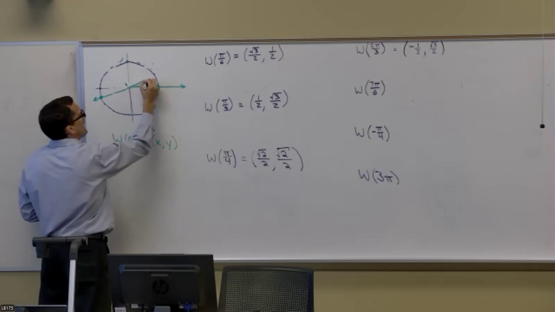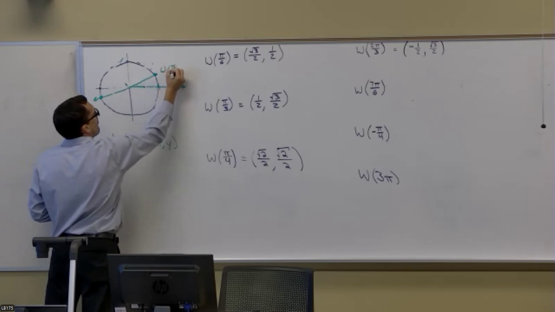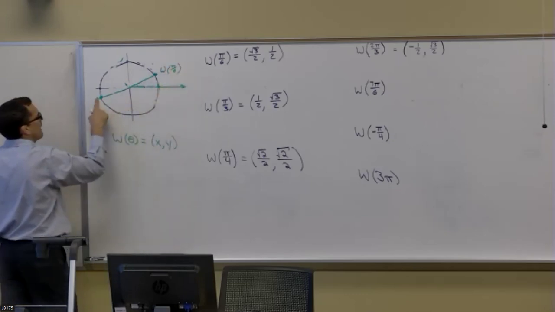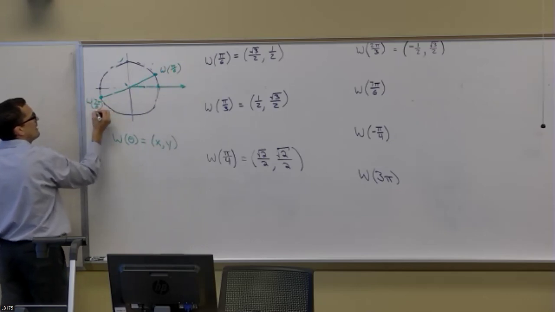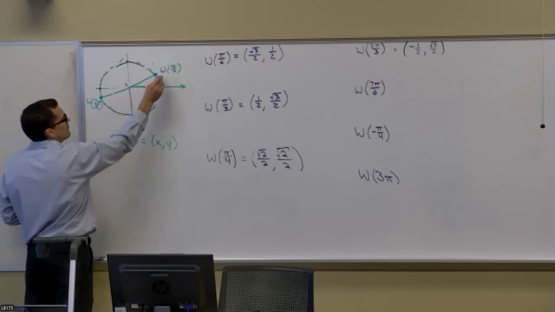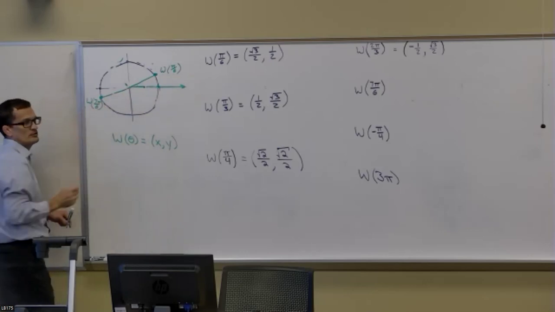So how I think of that, I'll write this: it's the wrapping function of pi over 6 projected through the origin.